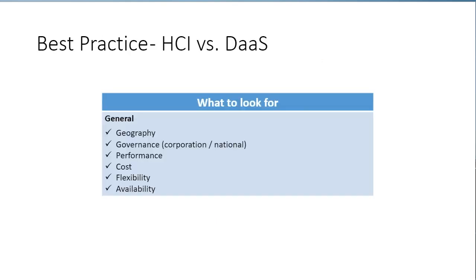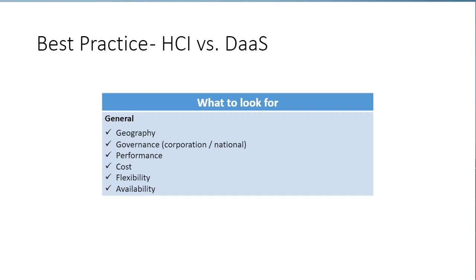Let's go one more slide here. So what should you use? Should you use on-premise for your desktops, or should you use cloud resources, desktop as a service? So some things you should look for. There's some good and bad with these, some trade-offs between the on-premise and the cloud resources. Something you need to consider is geographically, where's the solution hosted?